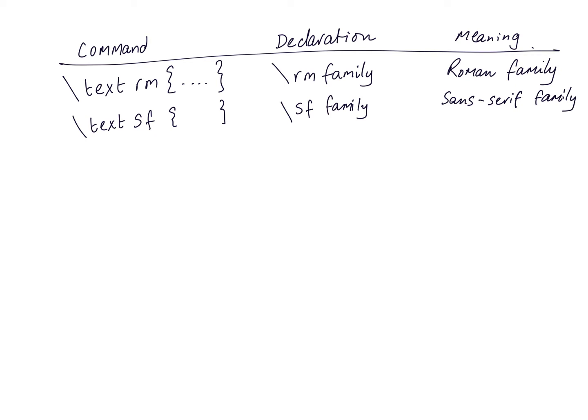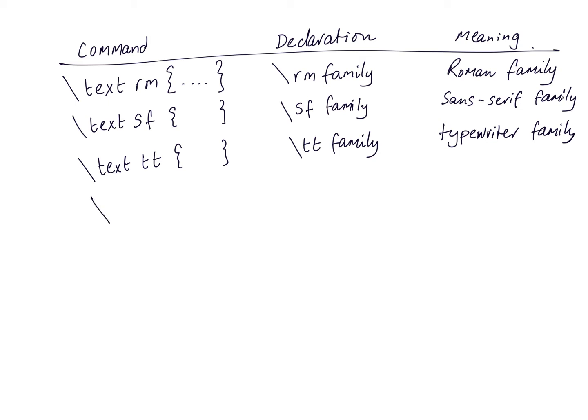If I did text TT, that would be the typewriter family. And then if I did BF, that would be the boldface series, or the boldface family.